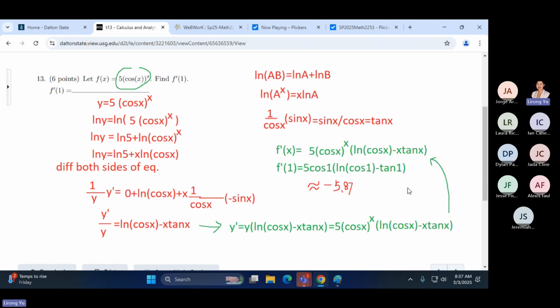In the not f of 1 but the y prime equals y, so that y, you're just substituting the first one, right? Right, I'm substituting the 5 cosine x to the power x as y.